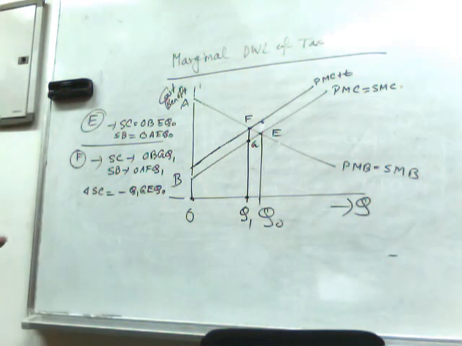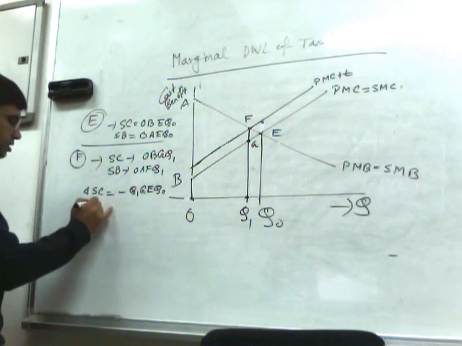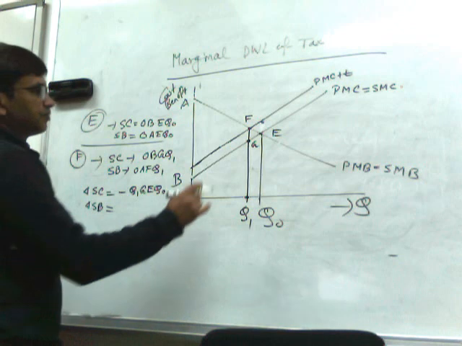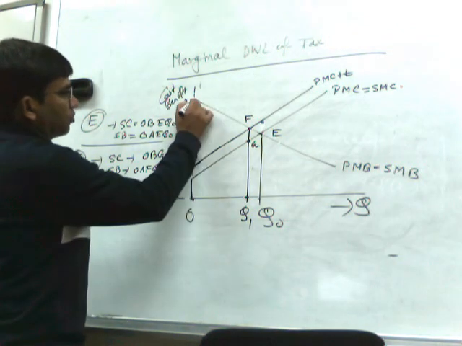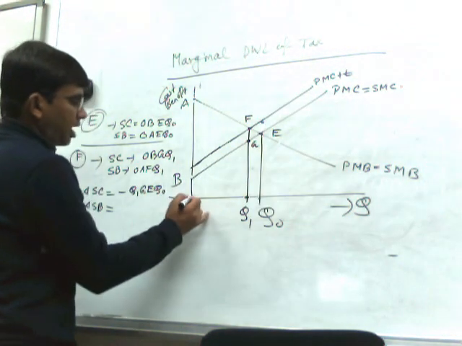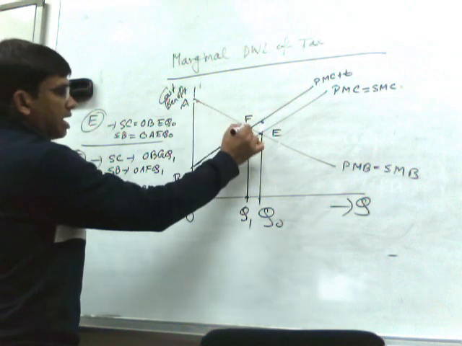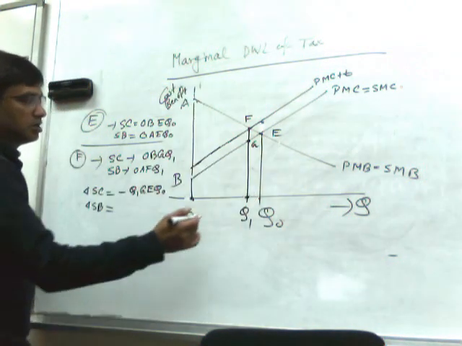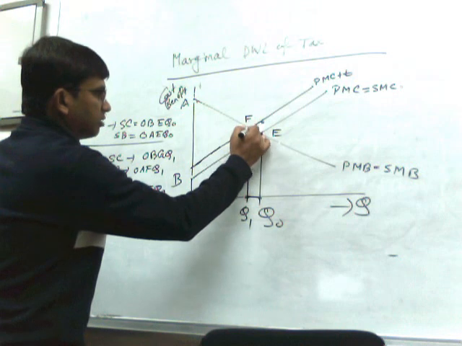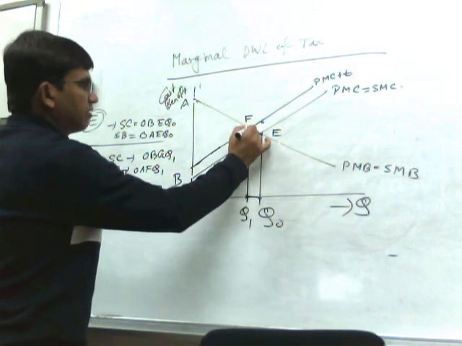And what will be the decline in social benefit? Delta SB: initially social benefit is OAEQ0 and now OAFQ1, so this is the area of the quadrangle Q1FEQ0.